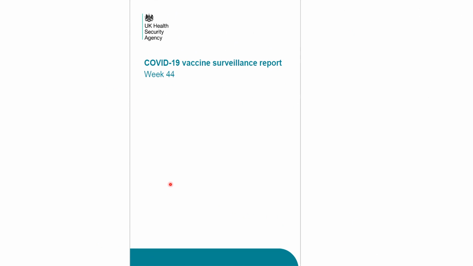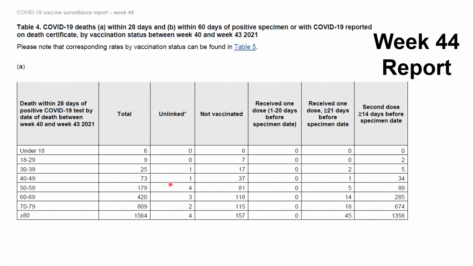So here's the front sheet of the report for week 44, and this is table 4A, and this covers basically the deaths within 28 days of a positive test of COVID-19 by the date of death between weeks 40 and 43. So it gives us the age ranges, and very importantly it gives us not vaccinated total deaths and fully vaccinated, double jabbed as they say, deaths.